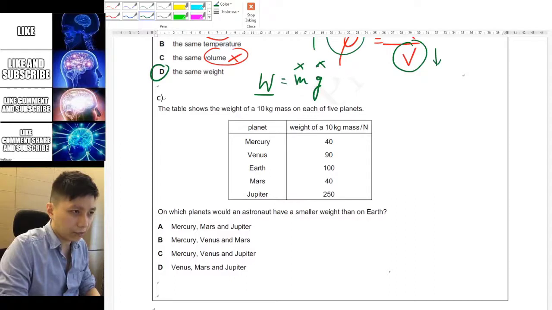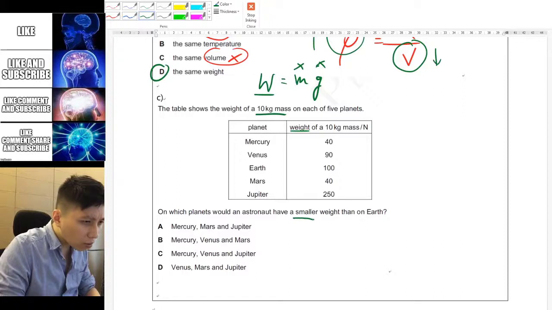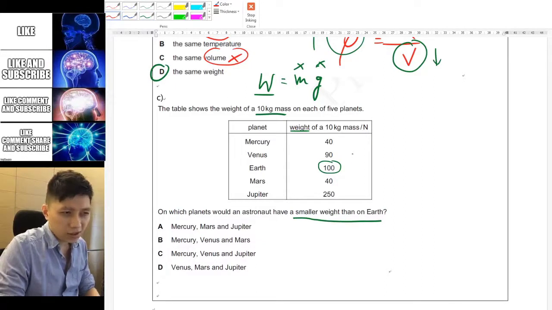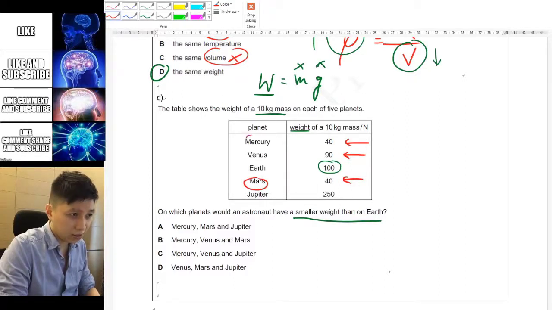Last question, you have got a mass of 10 kg on these 5 different planets, and these are their weights. So which one would have a smaller weight than on Earth? Okay, so I don't get it. Isn't it just the one that is with less weight? Then that means Mars, Mercury, Venus.